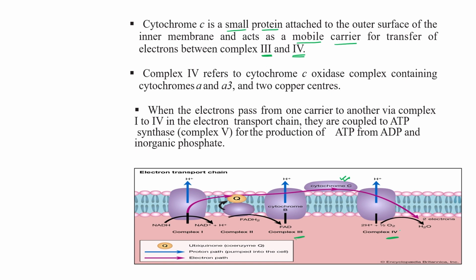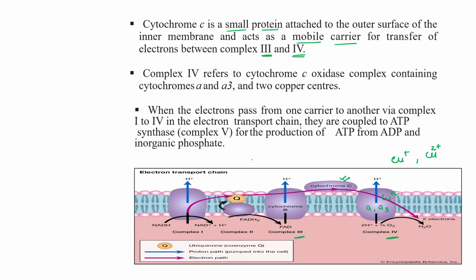And this complex 4 is referred to as the cytochrome C oxidase complex, containing cytochrome a and cytochrome a3 and 2 copper centers, because the copper ion can be present in Cu+ and Cu2+ form, and in both ionic forms it acts as a stable molecule.